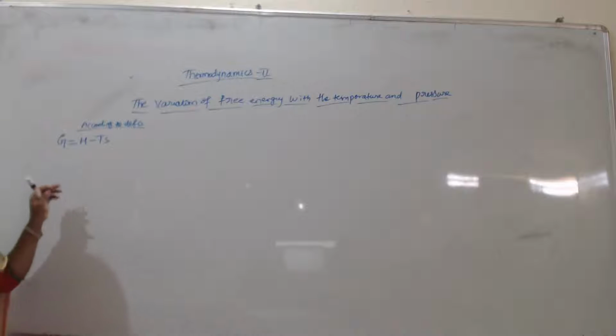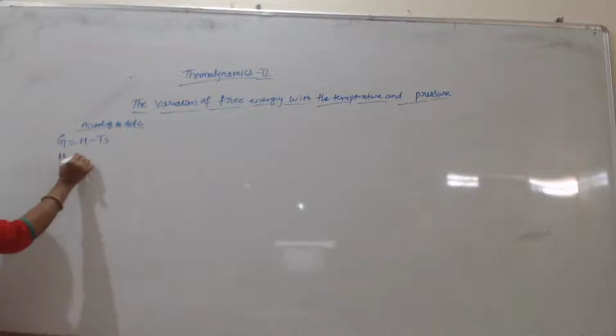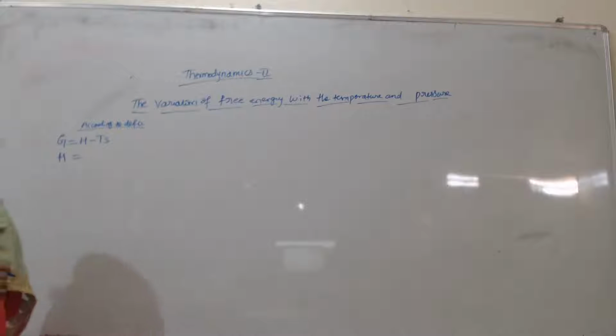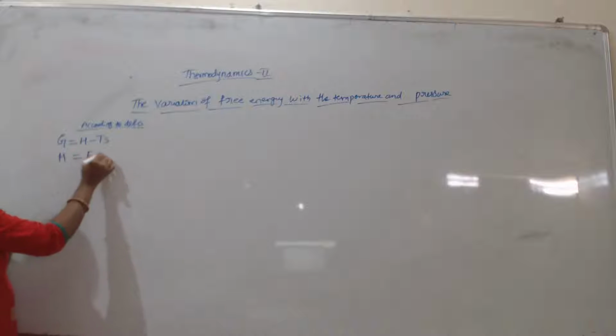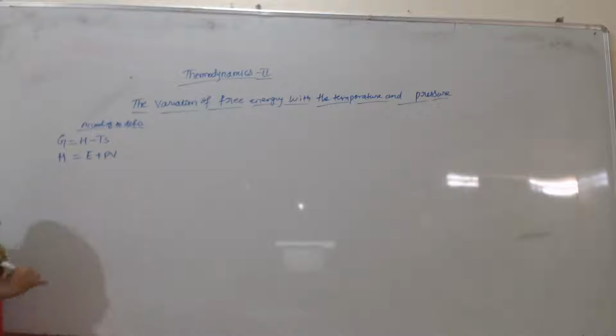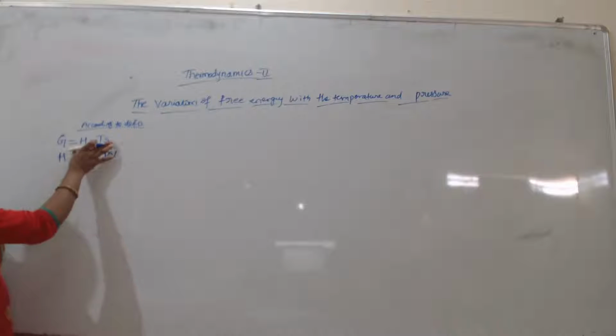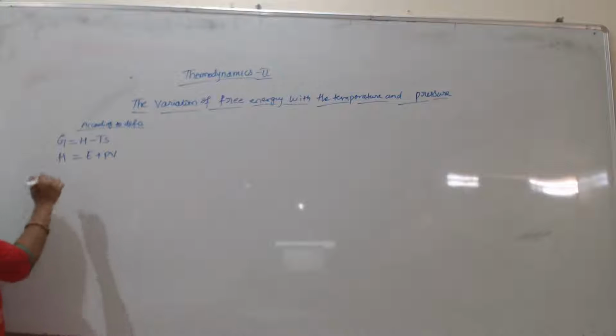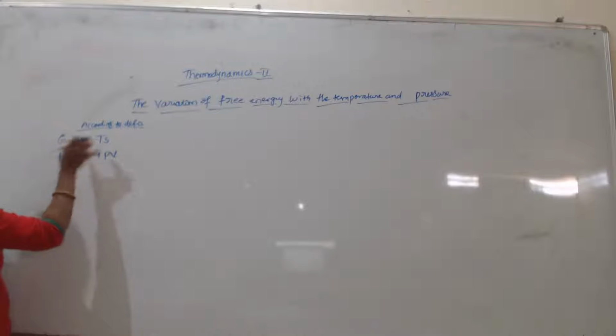Afterwards, you know the enthalpy H is equal to E plus PV. We add this H value in this equation.